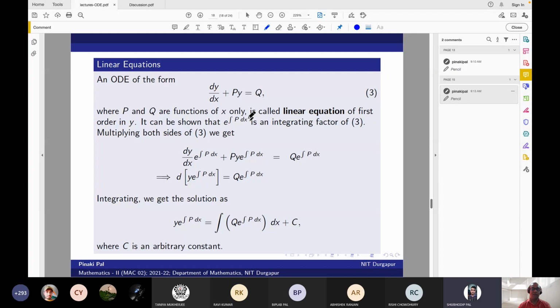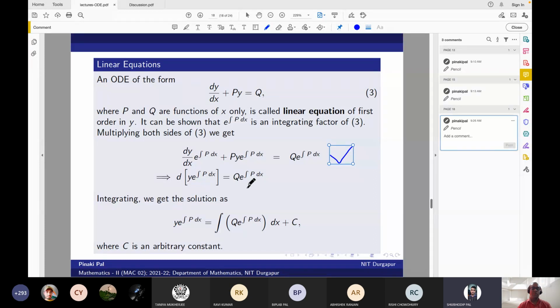If you multiply the entire equation with the integrating factor, we get this. And now the left hand side can be put in the differential form: d of (y e^∫P dx) equals Q e^∫P dx.